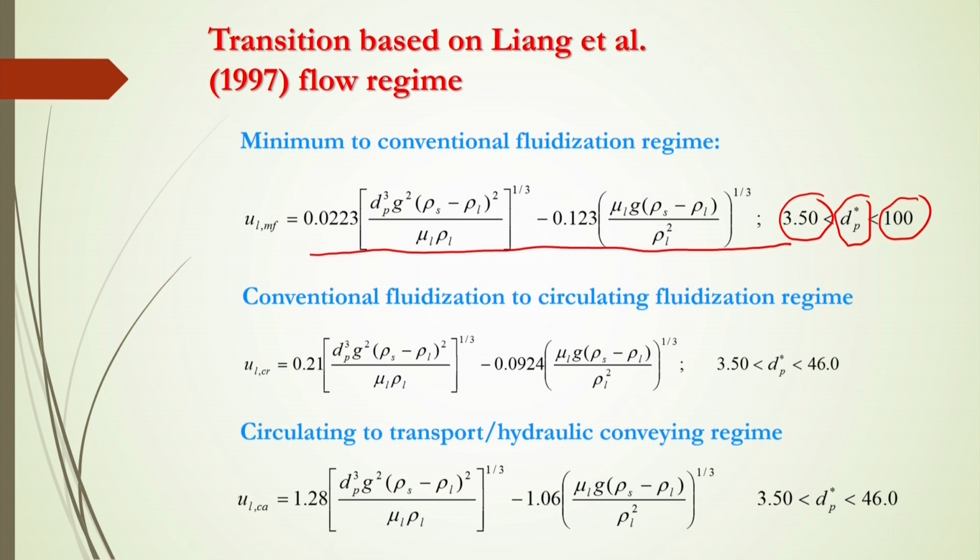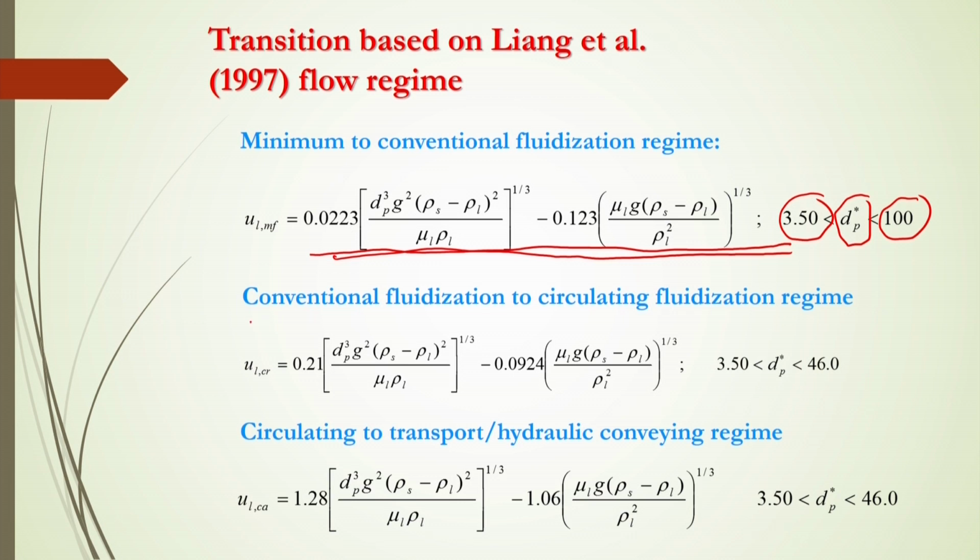Now, to get the conventional fluidization velocity, you have to consider the velocity of the liquid just greater than this minimum fluidization velocity. So, from this correlation you can get the idea what should be the velocity for the liquid for this conventional fluidization.